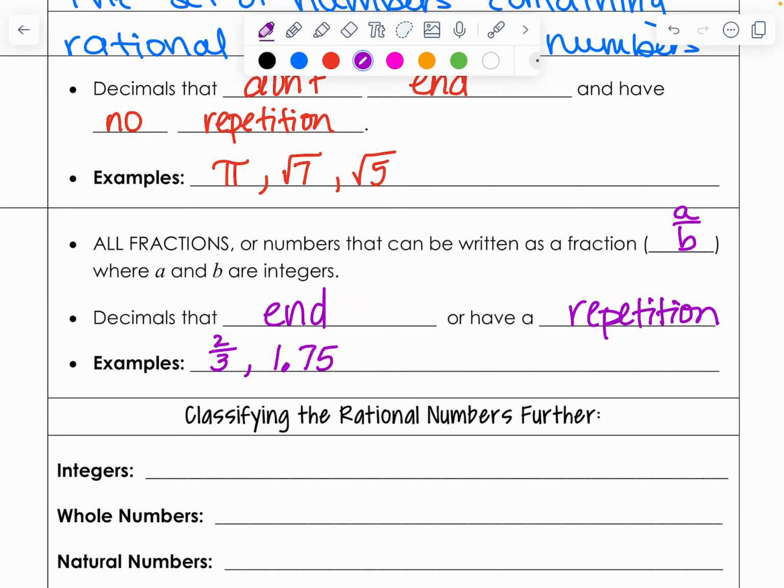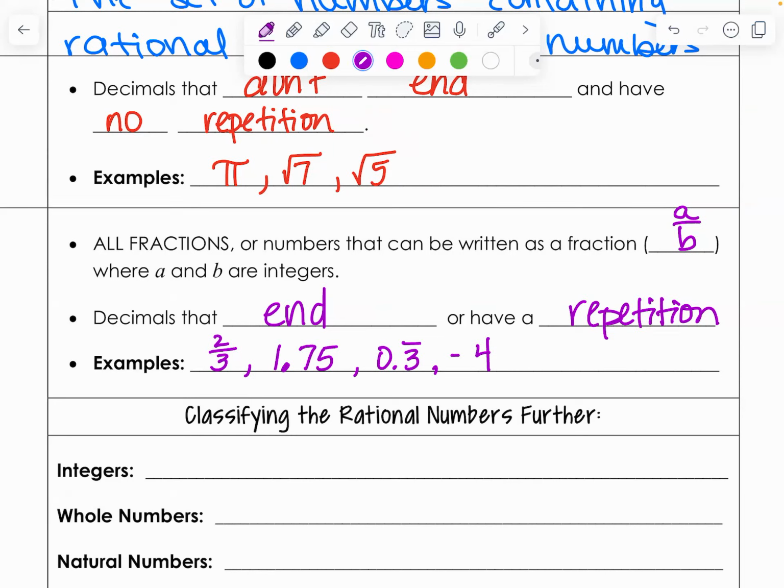What about the number 0.3333333? That is a decimal that repeats. Remember, that's our repeat bar. What about a number like -4? Is that rational? Yes, it is. It doesn't look like a fraction, but we can write it as a fraction, -4/1.